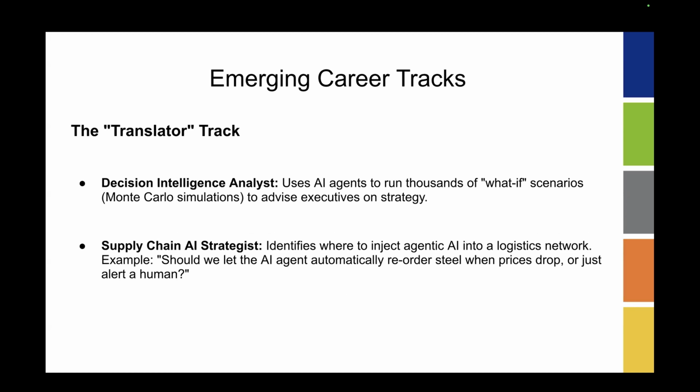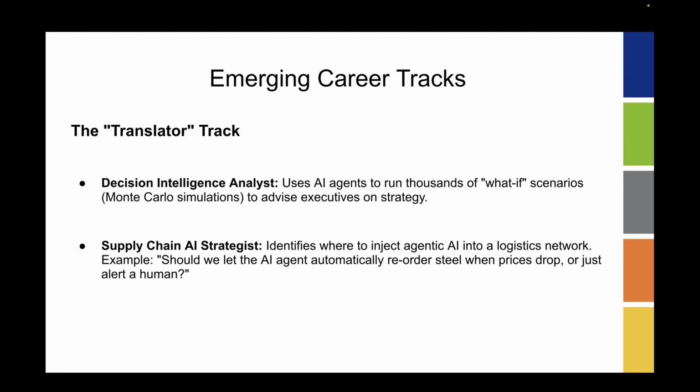And the last track is the translator track, where AI agents are running in the background, providing advice on strategizing different outcomes. And the second role is the supply chain AI strategist, who identifies where to inject agentic AI into a logistics network.